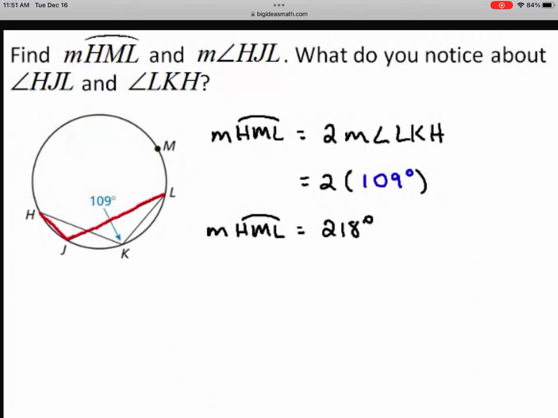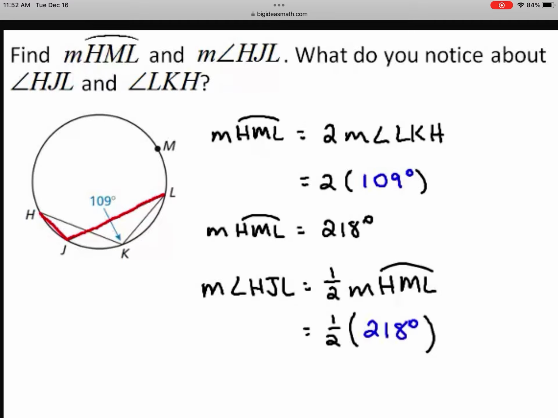Next, find the measure of angle HJL. Notice that angle HJL intercepts the arc HML. So by the measure of an inscribed angle theorem, the measure of angle HJL equals 1/2 times the measure of arc HML. Substituting in 218 degrees for the measure of arc HML gives 1/2 times 218 degrees.